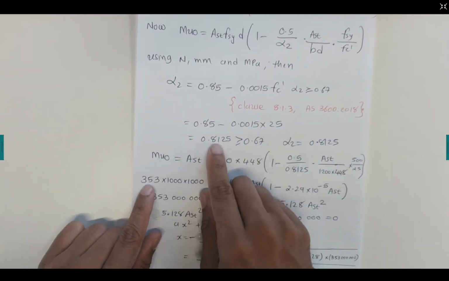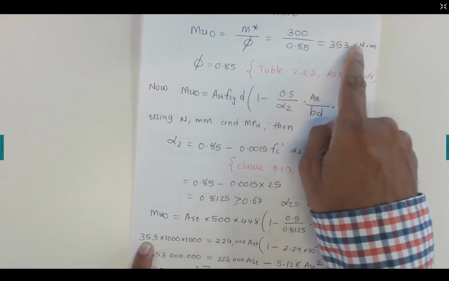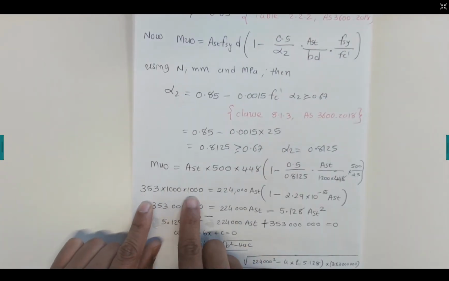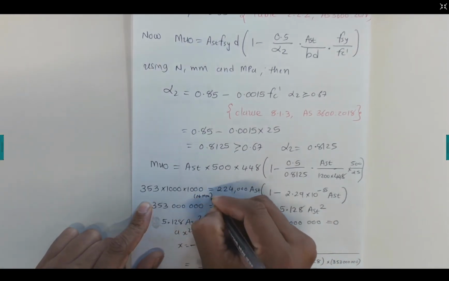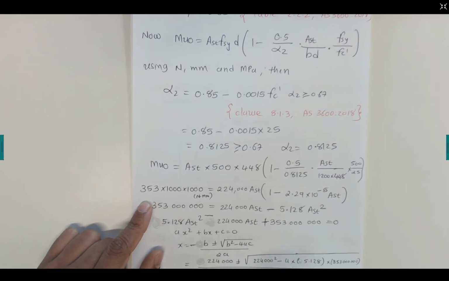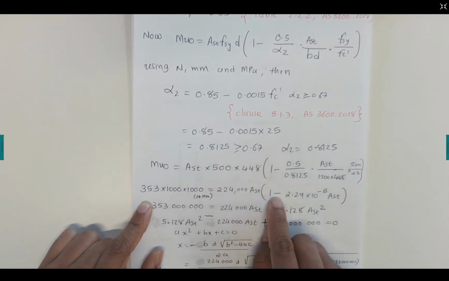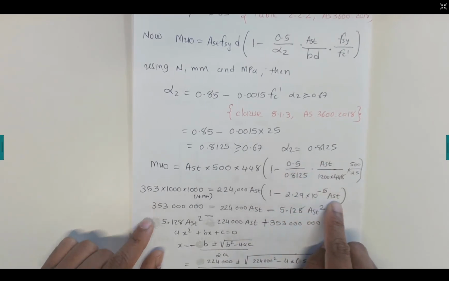Now we are working with the Mu that we calculated here, 353 times 1000 times 1000 to convert to Newton millimeters. So this is in Newton millimeters. We just do the multiplication, and the simplification gives us these numbers for AST.